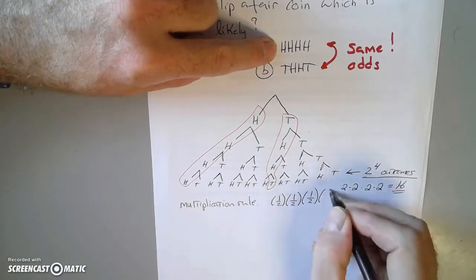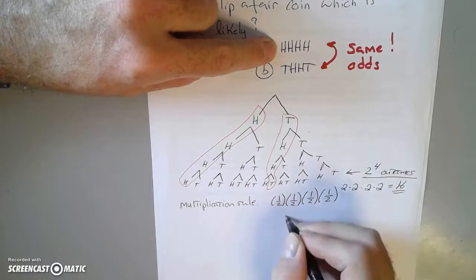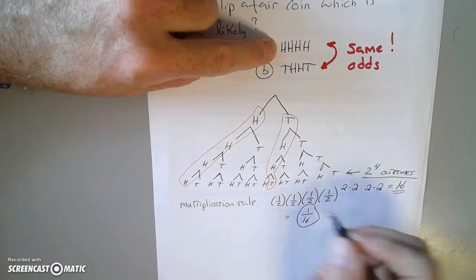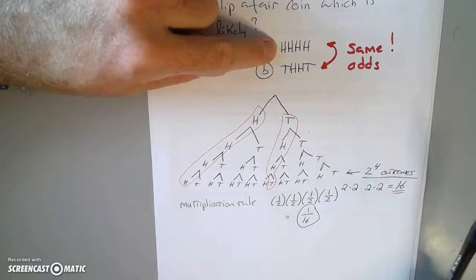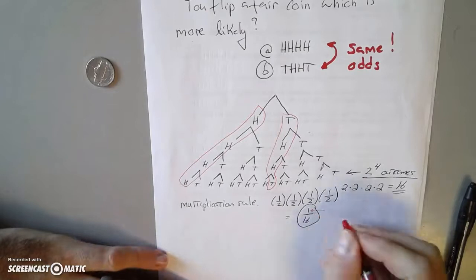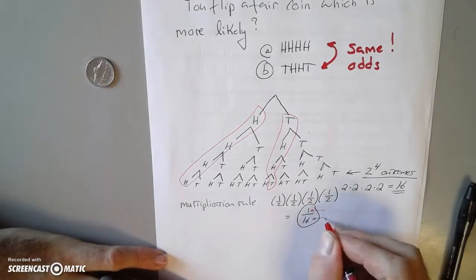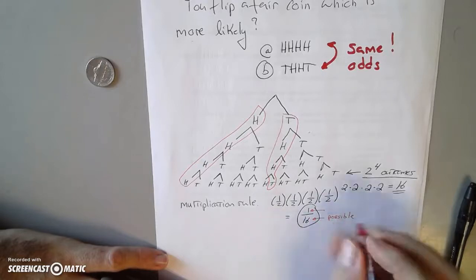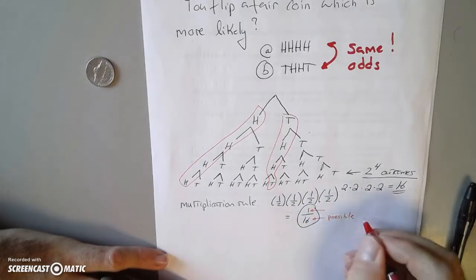The odds of the fourth being heads is 1/2. This ends up being 1/16. And all that tells us is the same thing the sample space tells us. There's 1 outcome over 16 possible. There's 1 outcome with all heads over 16 possible outcomes.